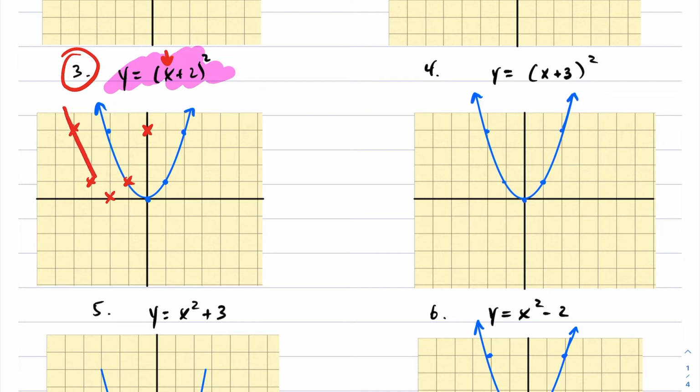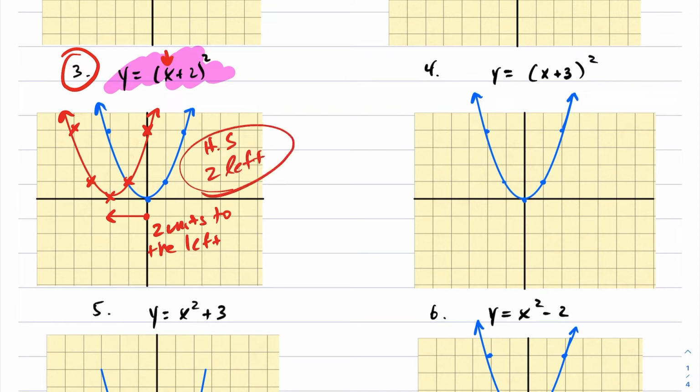So connecting these up, you can see that now we have our translated quadratic, and it has moved exactly 2 units to the left. So what we have this time is a horizontal shift 2 units to the left-hand side.